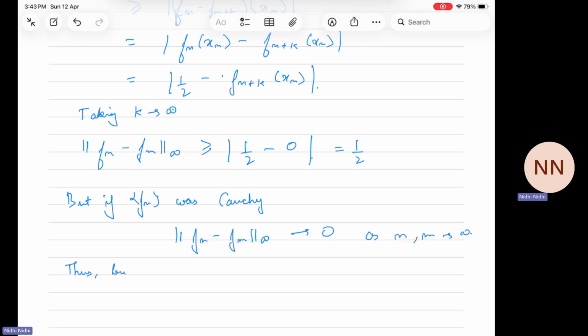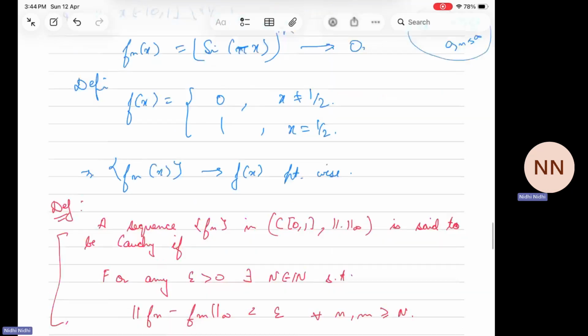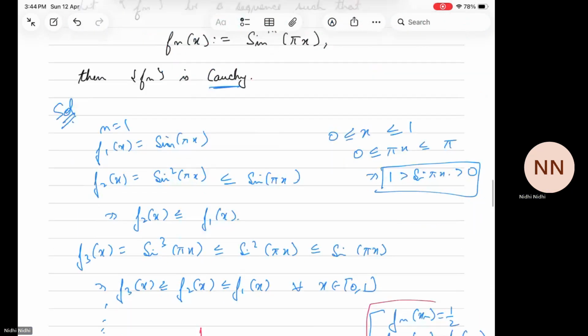Thus, by contradiction, Fn can never be a Cauchy sequence. Therefore, the given statement is false.